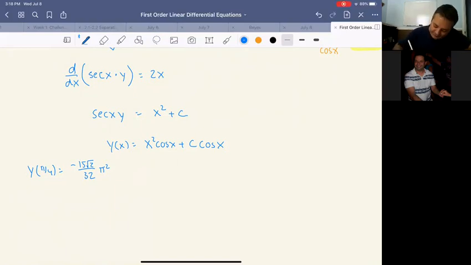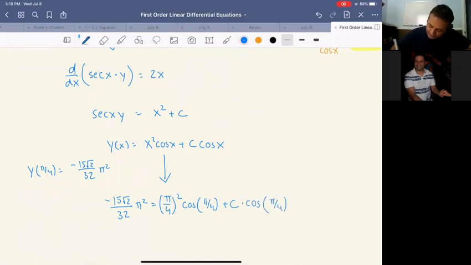So we're going to write in negative 15 root 2 over 32 pi squared equals pi over 4 squared cosine pi over 4 plus c times cosine pi over 4.